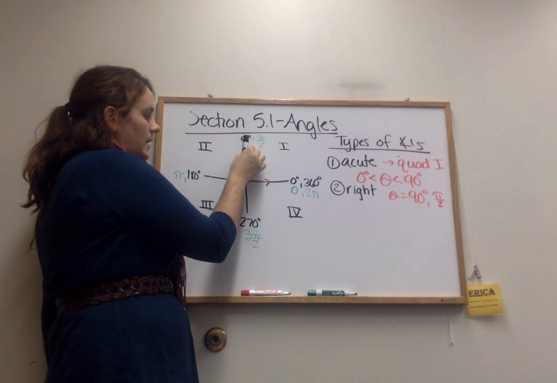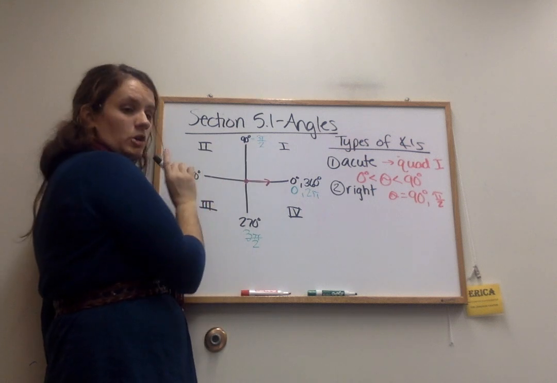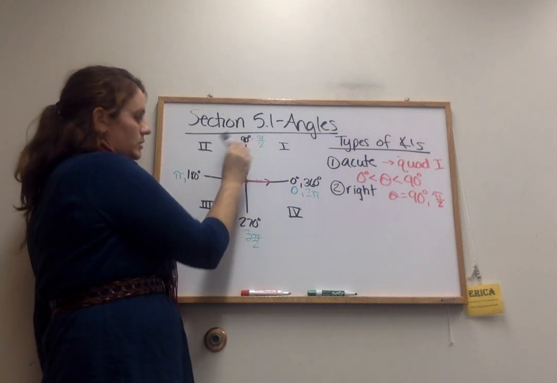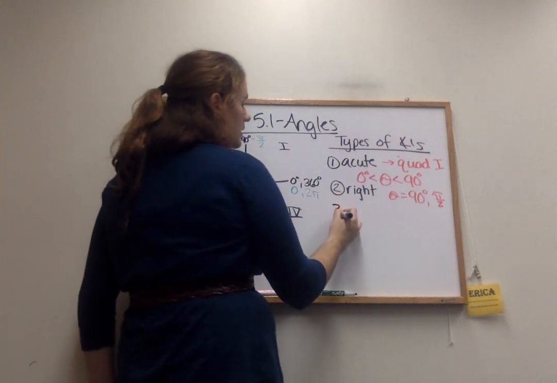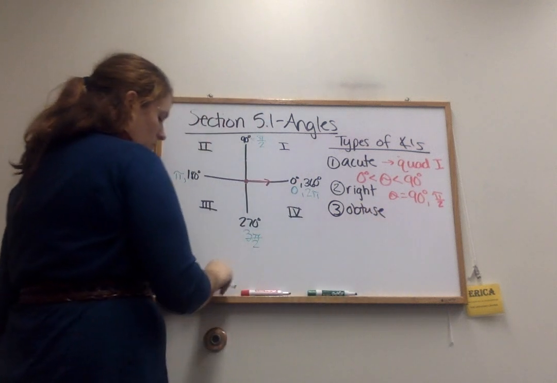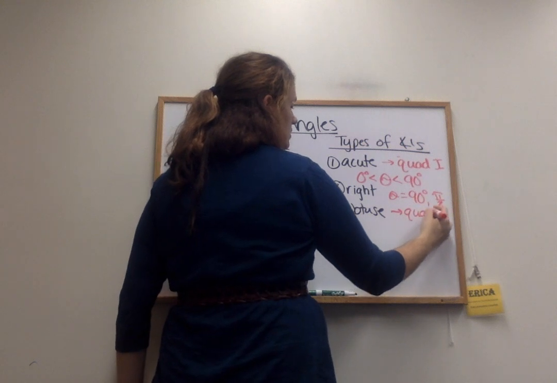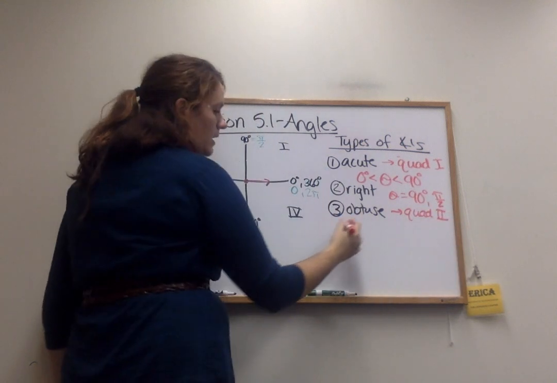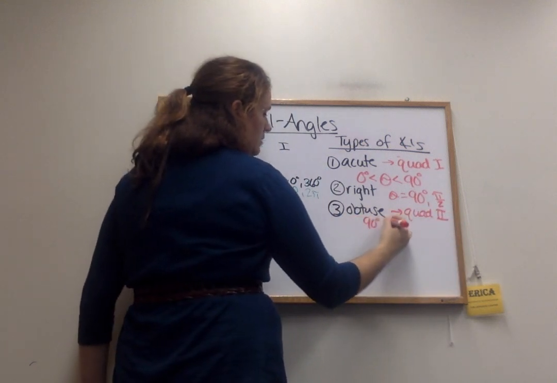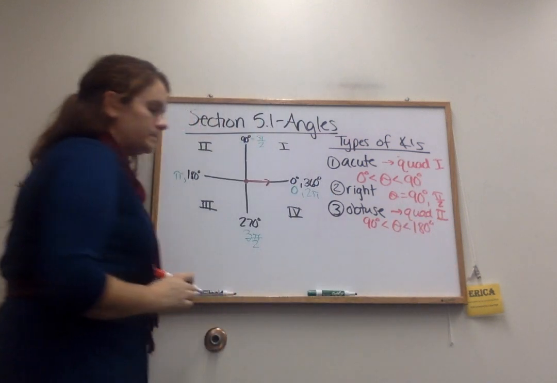Once we get past our right angle, anything in the second quadrant, where the terminal side falls in the second quadrant, so between 90 and 180, is called an obtuse angle. So that is in quadrant 2, and that is between 90 and 180 degrees.